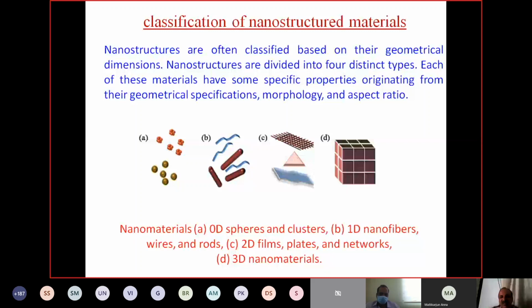When we coat a thin film, for example on solar panels, a thin layer is there. The thickness of that layer is in the nano size, but its other two dimensions are larger. That is 2-dimensional. For 3-dimensional, all three dimensions are more than 100 nanometers. So based on dimension, they classify 0-dimensional, 1-dimensional, 2-dimensional, and 3-dimensional nanomaterials.